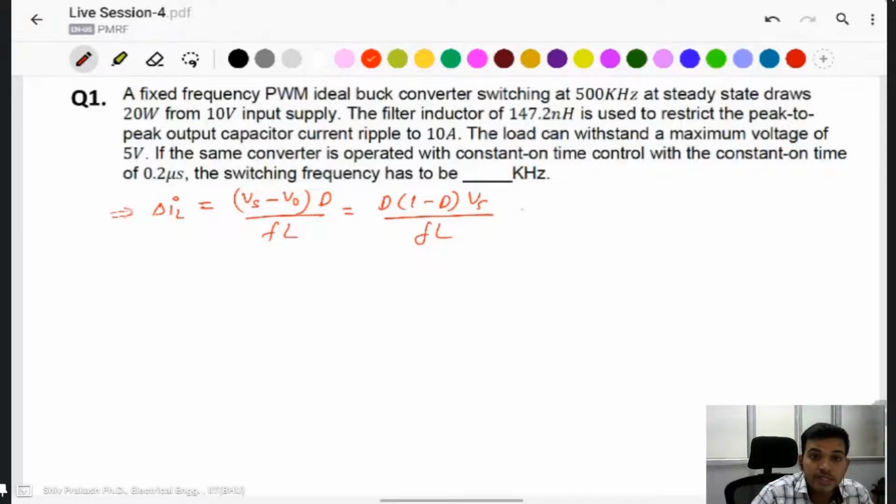Delta IL is given as 10 ampere. Take it equal to 10 ampere and put the value, then you find D into (1 minus D) equal to 10 into F into L divided by Vs.